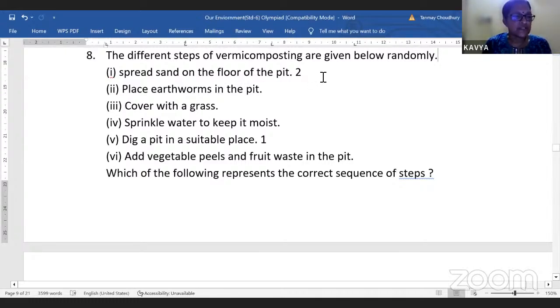So the first step will be to dig a pit in a suitable place, then spread sand on the floor of the pit. Then we have to spread a layer of vegetable peels. This will be 3.